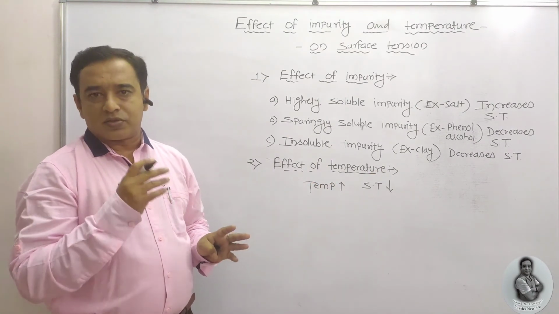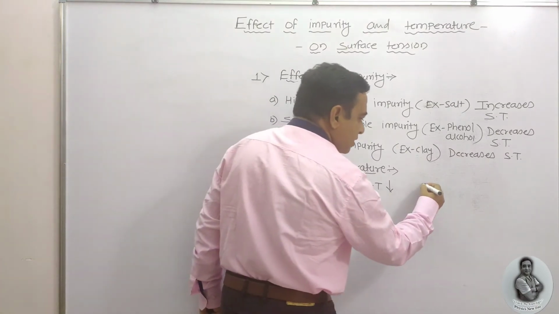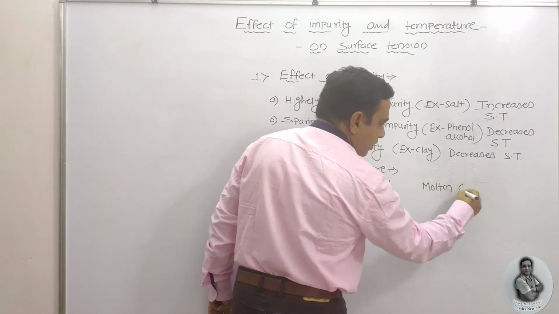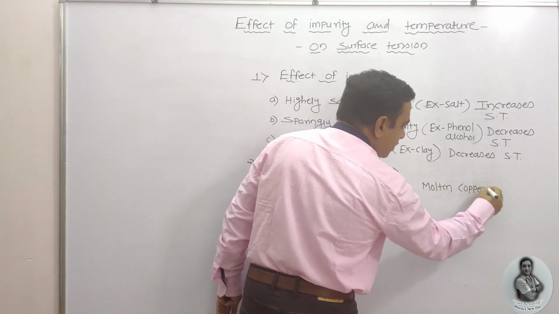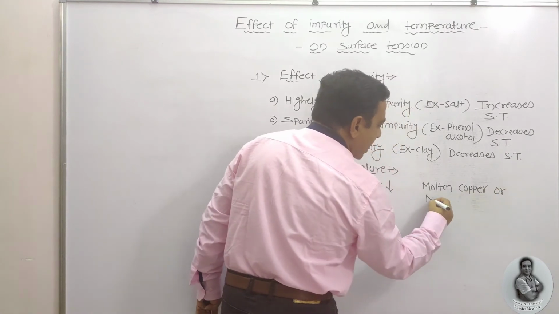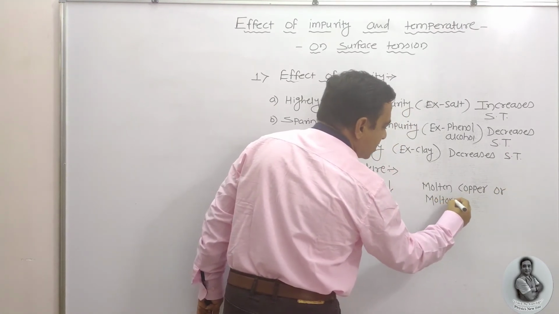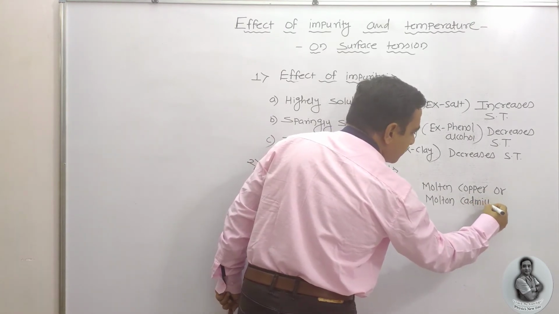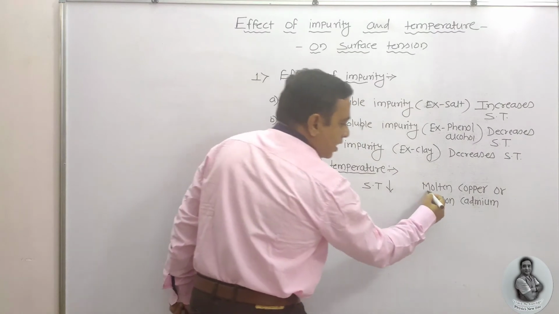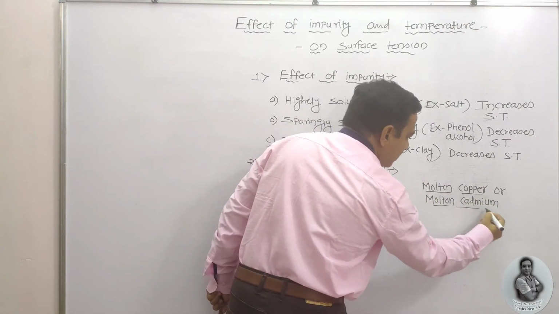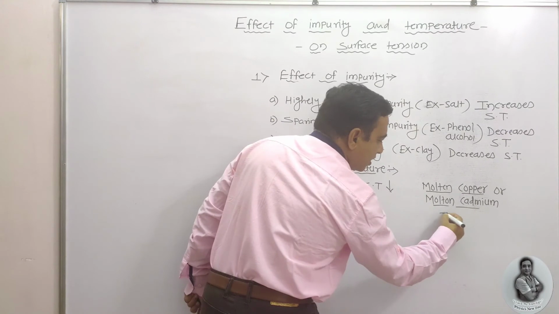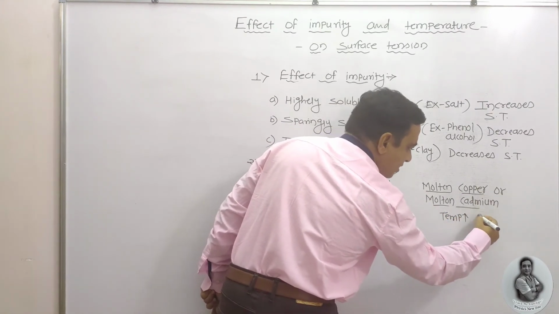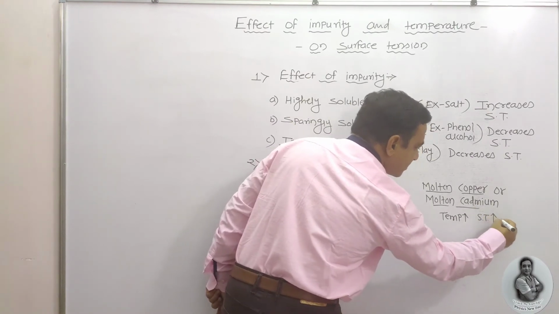But there are exceptions, such as molten copper or molten cadmium. For these, what happens? In this case, as the temperature increases, surface tension also increases.